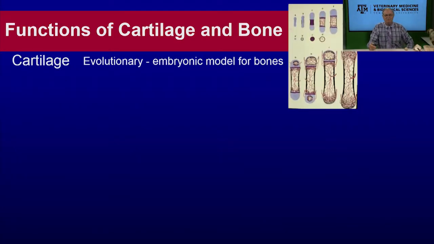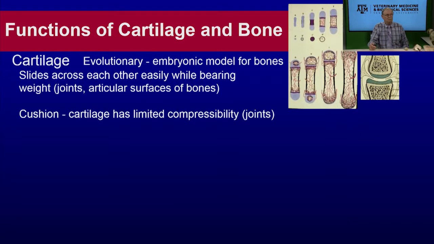Now there's cartilage and bone. Cartilage is a precursor to bone. In fact, whenever we are in the embryo stage, we only have cartilage. We don't have bone, and bone is replaced. In order for us to grow long bone, you grow the cartilage and it's replaced with bone.